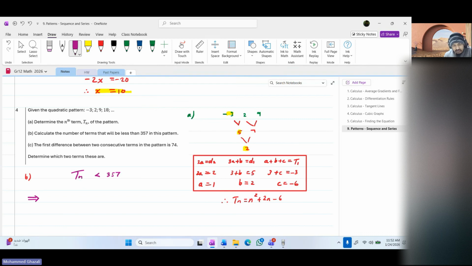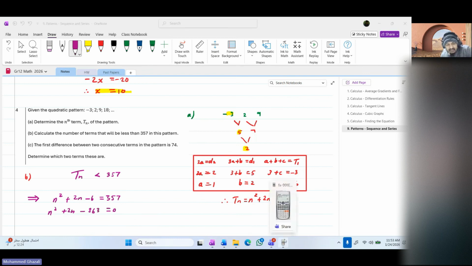This is my original question. So this implies n squared plus 2n minus 6 is equal to 357. Now bring this over, n squared plus 2n minus 6 minus 357 is going to be minus 363 is equal to 0.